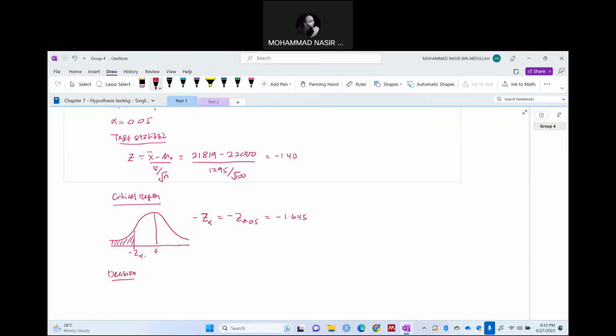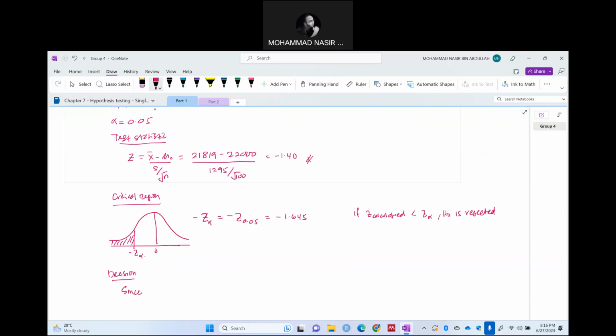Our decision rule: if Z calculated is less than negative Z alpha, the null hypothesis is rejected. By looking at this, Z calculated is negative 1.40, which is more than negative Z alpha.